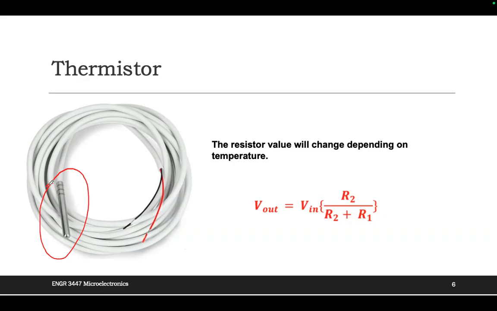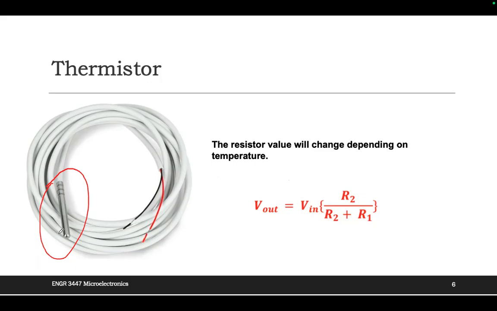Usually we put the head in hot water or some other environment, and the cable is a little long. You can observe in today's lab that the resistance value will change depending on the temperature, which means if the head detects a different temperature, the resistance of this part will change.